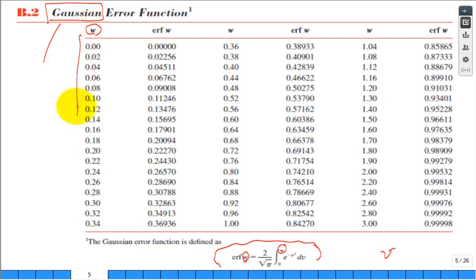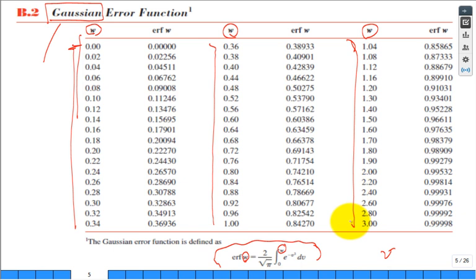W runs from 0 all the way to 0.3, 0.4, 1, continuing. Where do they end? W is around 3. So all the action has happened for the error function going from 0 out to 3. The error function starts at 0 and goes and goes.